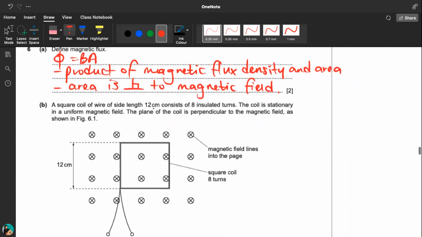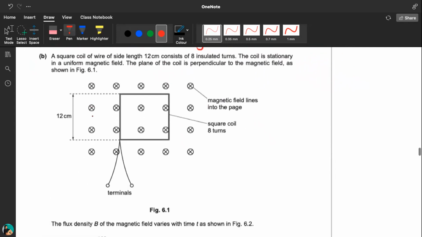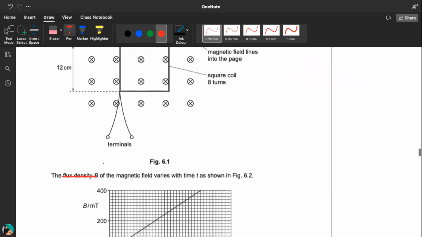A square coil of wire of side length 12 cm consists of 8 turns. So it's a solenoid. The coil is stationary in the uniform magnetic field. The plane of the coil is perpendicular to the magnetic field as shown. Now, flux density is like the strength of the magnetic field.